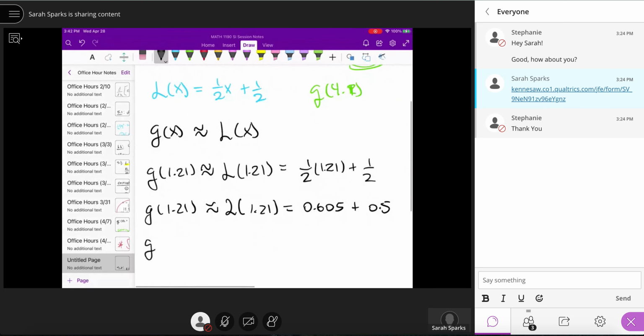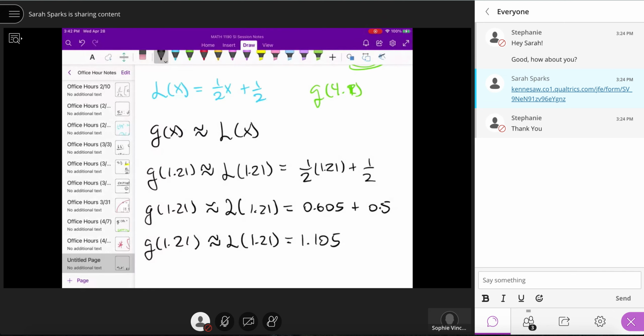So it should be equal to 1.105. That should be the answer.